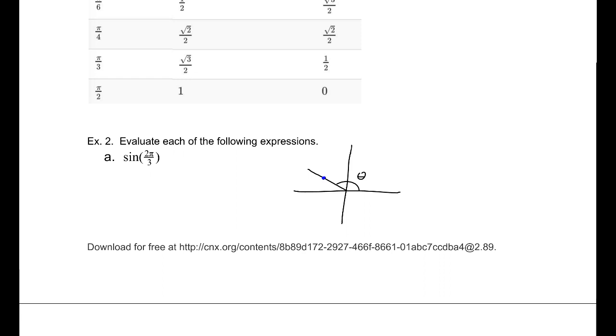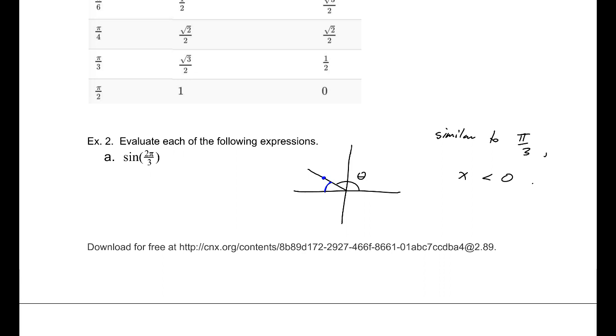So if you notice, that angle in blue is similar to pi over 3, except the x is negative. So, looking at that chart we have, in this case, the cosine is the x.